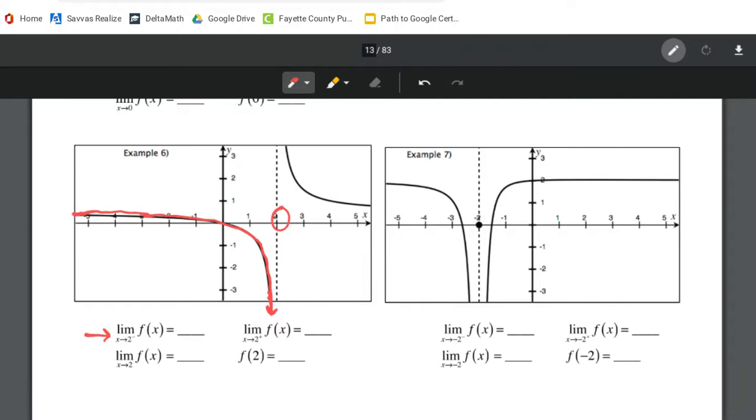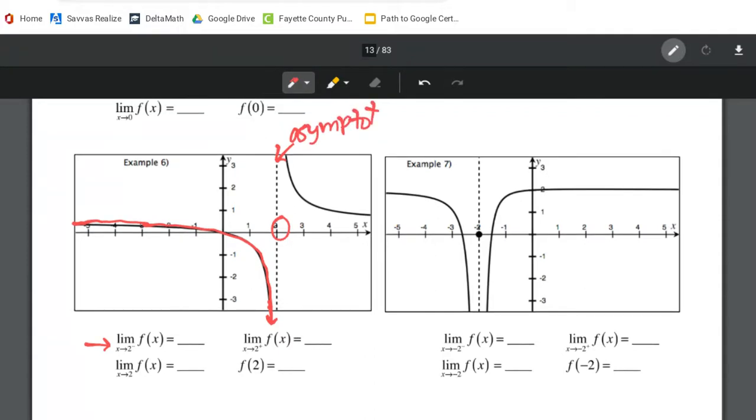And this dotted line means that x equals 2 is an asymptote. So when the x values approach 2, the y values continue to decrease. So we'll say that that is negative infinity. Now, that's not an actual number, but it is specifying the direction of the graph.